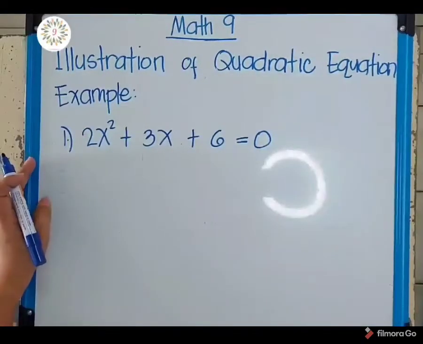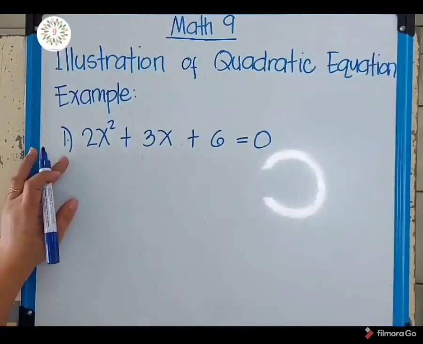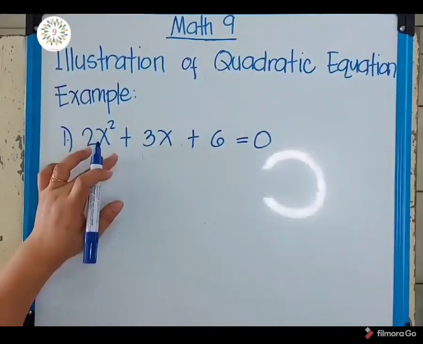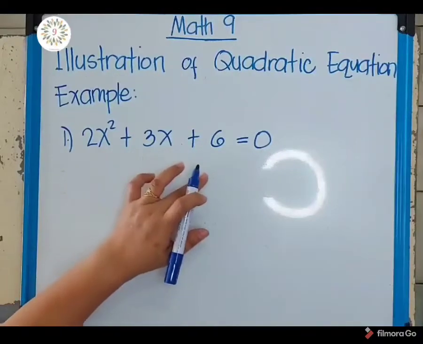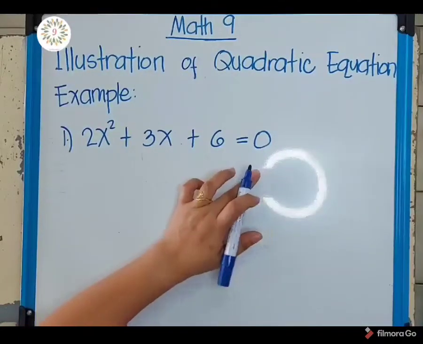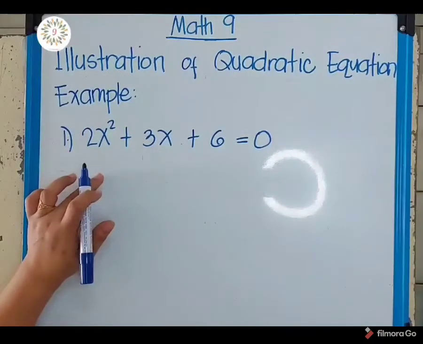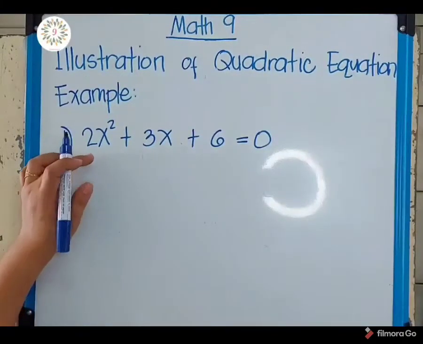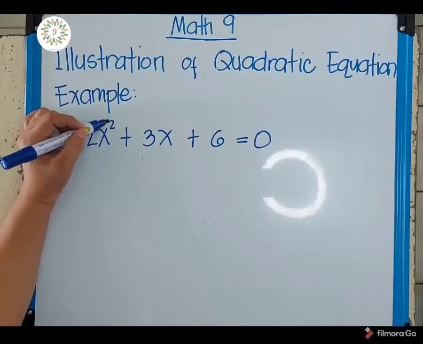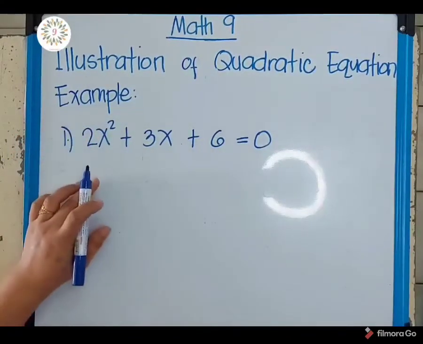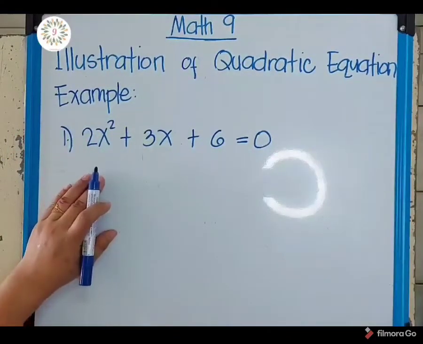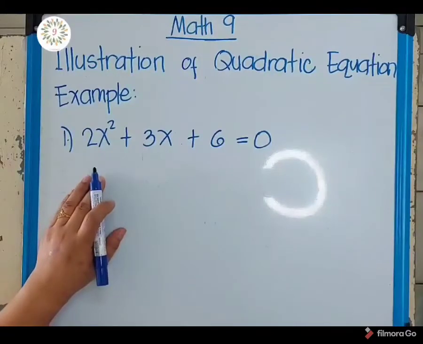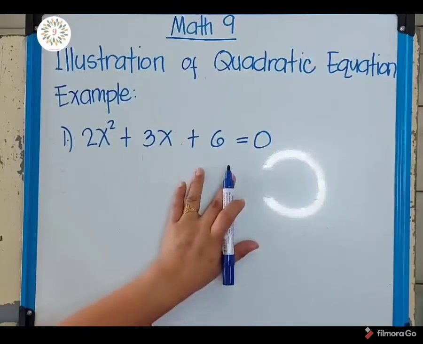Okay, let's have an example. Example number 1, we have 2x squared plus 3x plus 6 equal to 0. Is this an example of a quadratic equation? Yes, it is, because the exponent is 2, and it follows the pattern of the standard form.